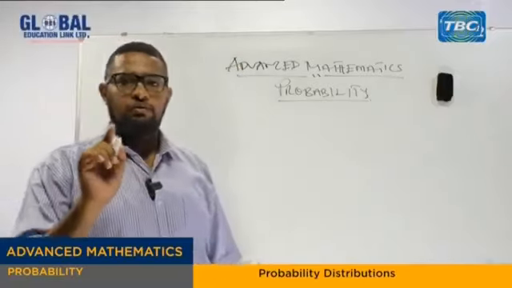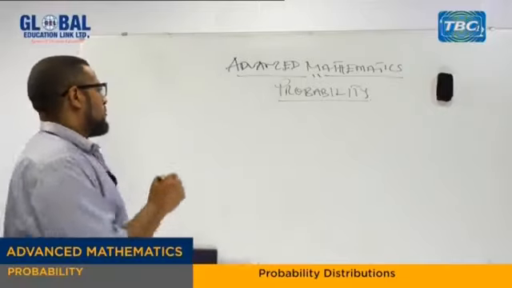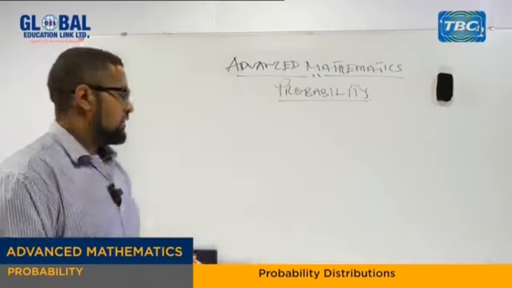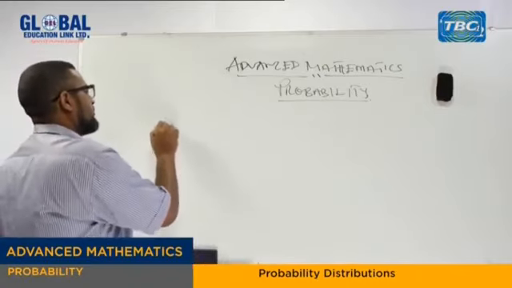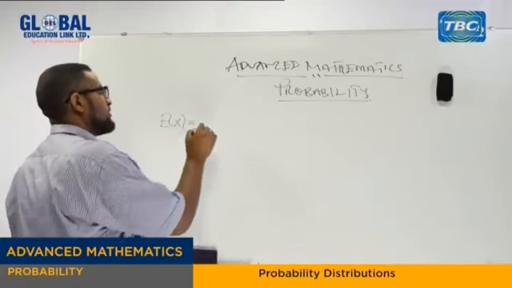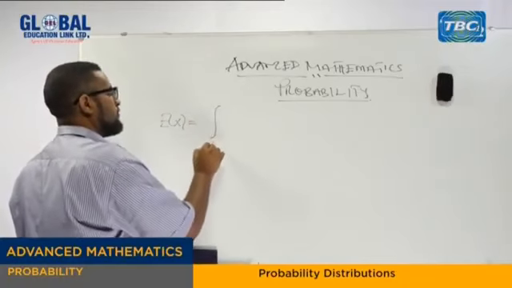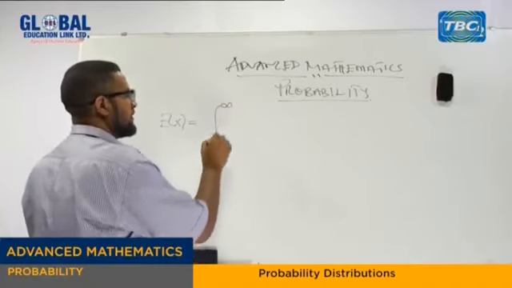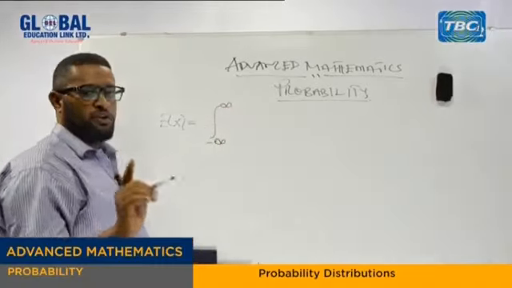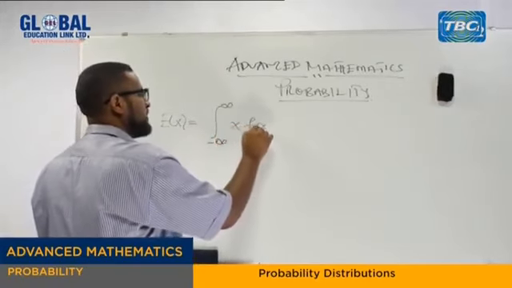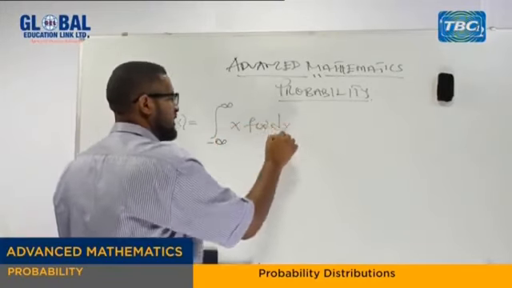Under continuous random variable, when you are asked to find the expectation of variable x, we normally use this formula. So the expectation of variable x is given by the integral from negative infinity to positive infinity. Then you take the variable that you are given, which is x, you multiply by the given function, then dx.